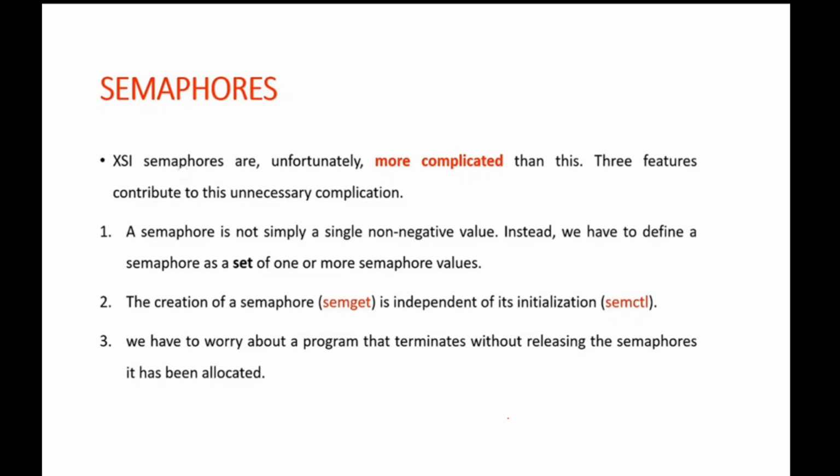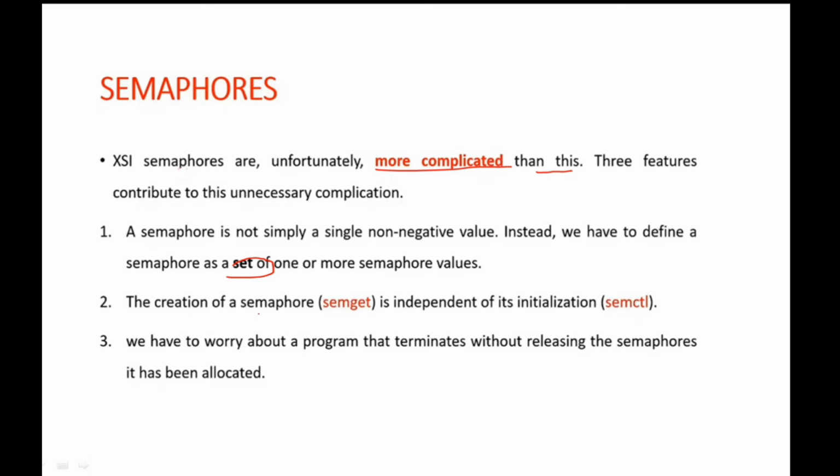Next, semaphores. Unfortunately, semaphores are more complicated than our normal semaphore. Three features contribute to these unnecessary complications. The first one is that a semaphore is not simply a single non-negative value. Instead, we have to define a semaphore as a set of one or more semaphore values.